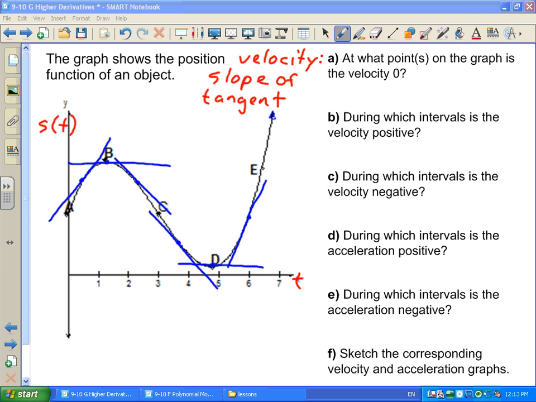Okay. So this basically gives us the answer to question A here. At what points on the graph is the velocity 0? Well, if we want the velocity 0, that tells us that the slope of the tangent is going to be 0, which means our tangent is horizontal.